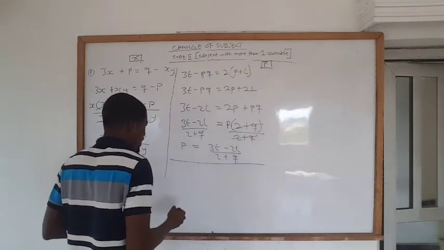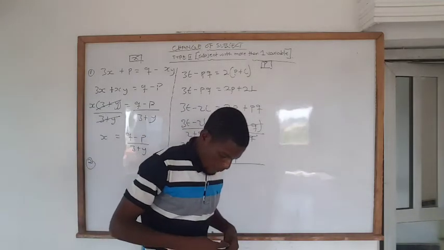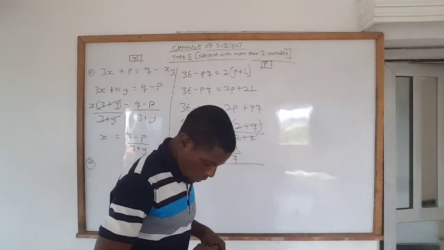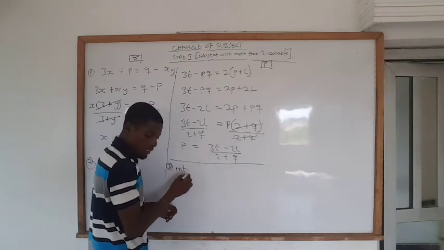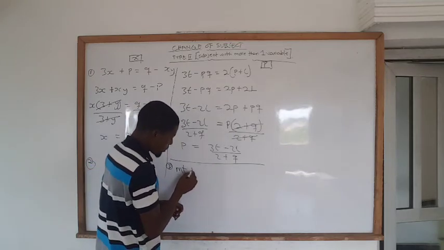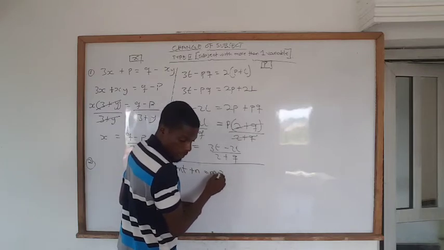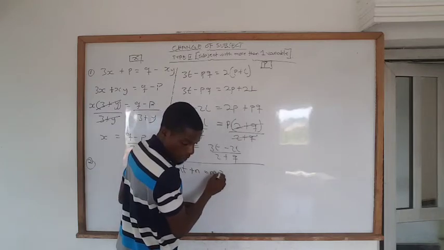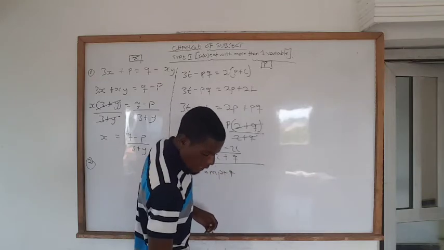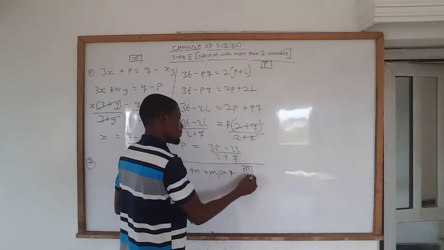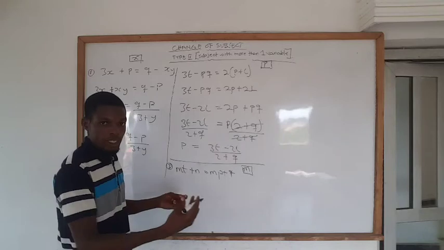Now let's look at another question. Let's look at question 3. I have nt plus n equals mp plus q, and I'm supposed to make m the subject. So as usual, whatever we're making the subject, we group them.